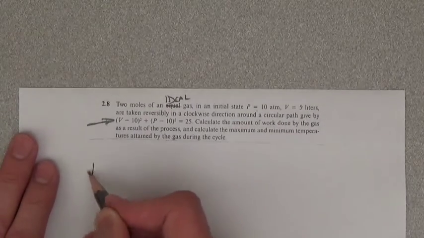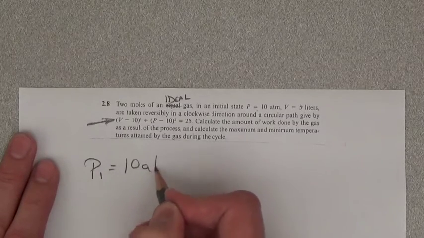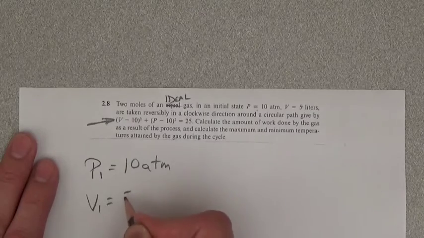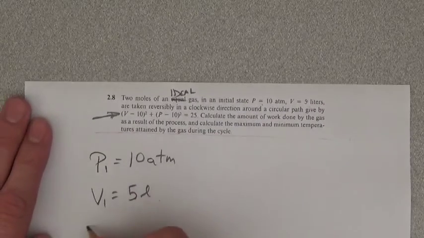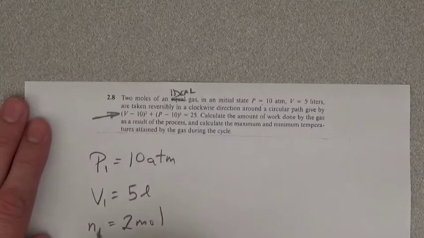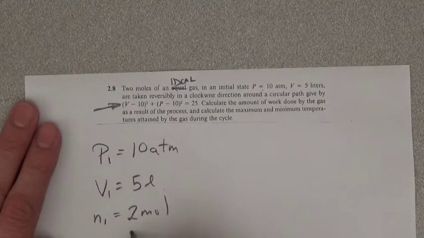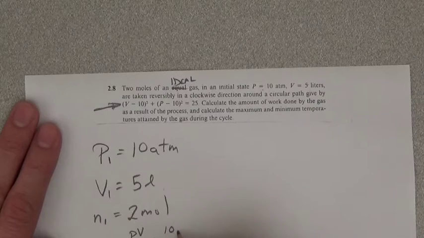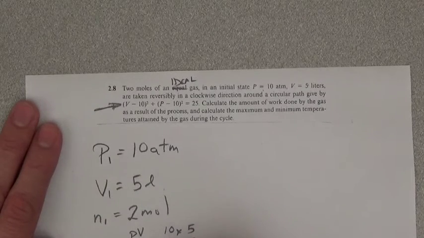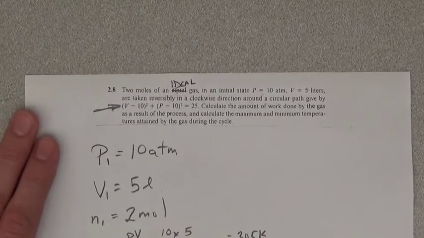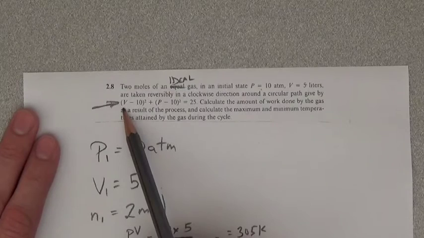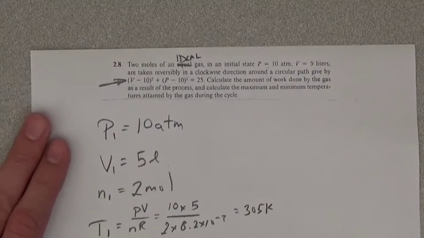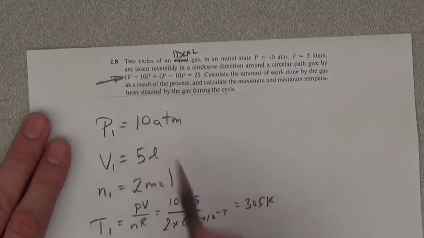So you have your initial condition, P1 equals 10 atm, V1 equals 5 liters, N1 equals 2 mole, T1 is equal to PV over NR is equal to 10 times 5 over 2 times 8.2 times 10 to the minus 2 is equal to 305 K.